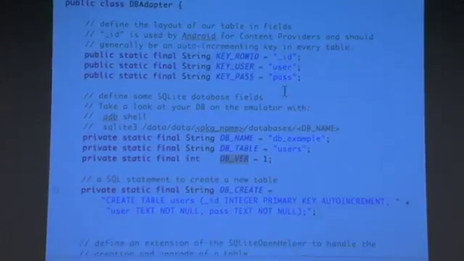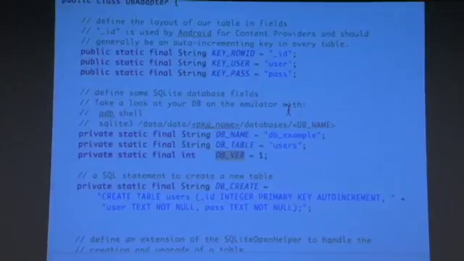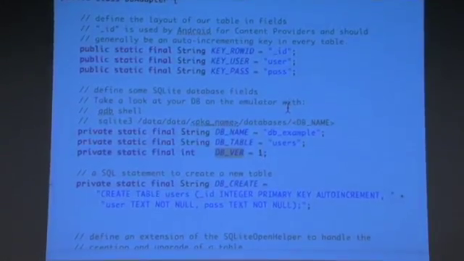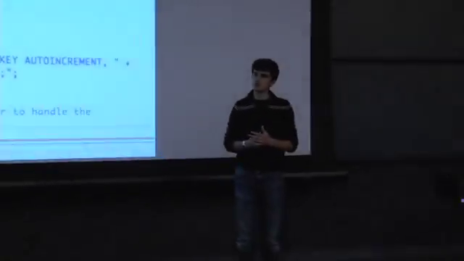And what this variable has is basically just a version number associated with our database. The reason that we might have different version numbers is that if you create a newer version of your program that perhaps has a more complicated or even a simpler version of the table that you want to work with, that newer version is not going to be compatible with the old table from the older version of the application.